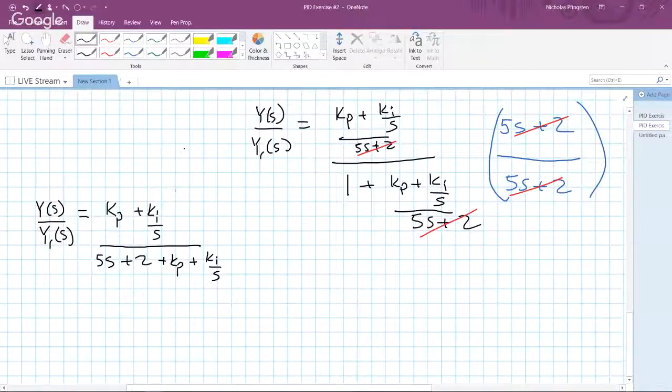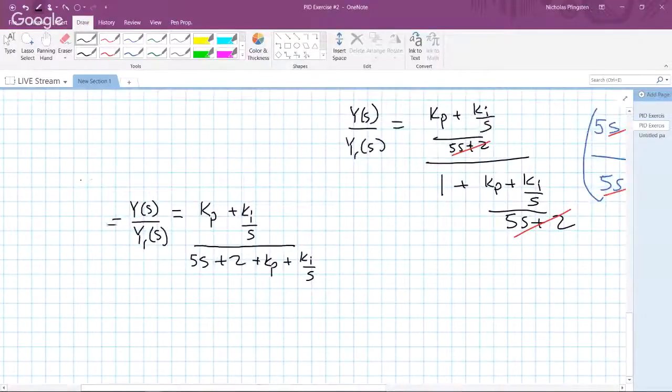So that's a pretty important expression here. And also, just to further illustrate that this is the h sub c of s, which is the command transfer function.